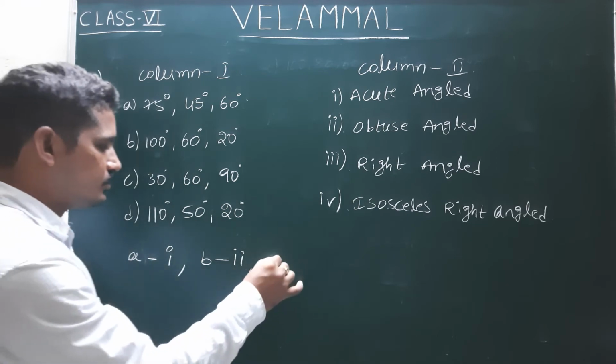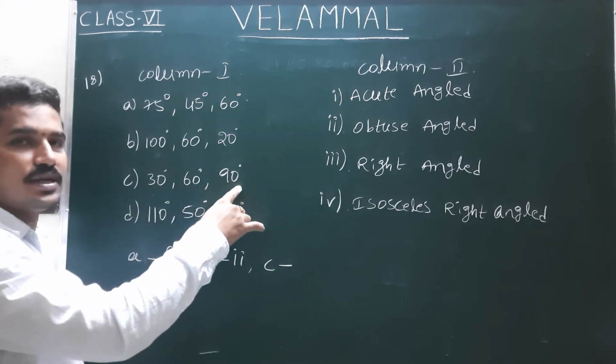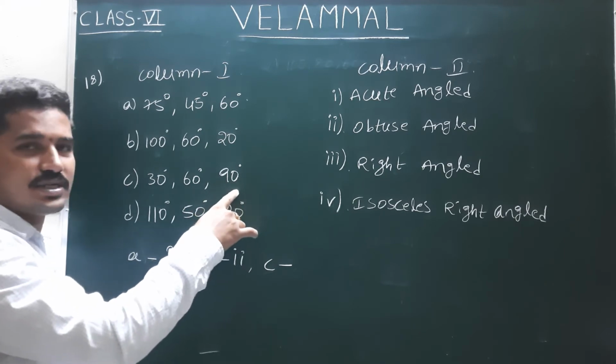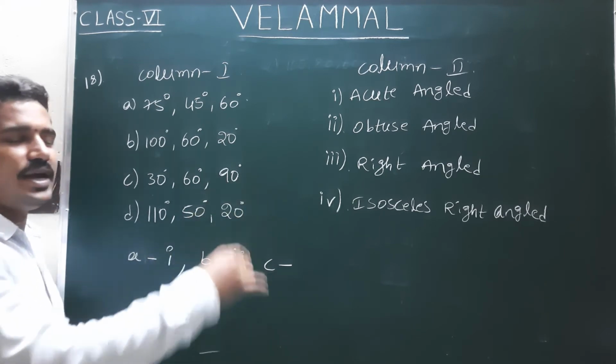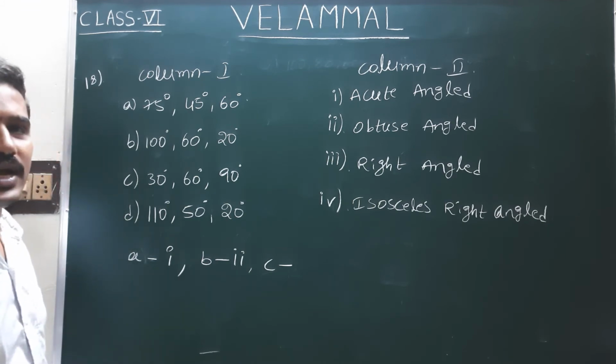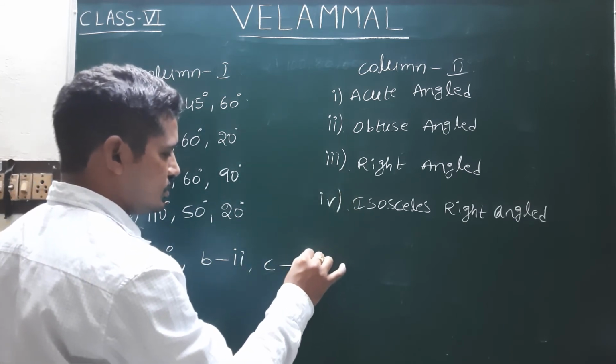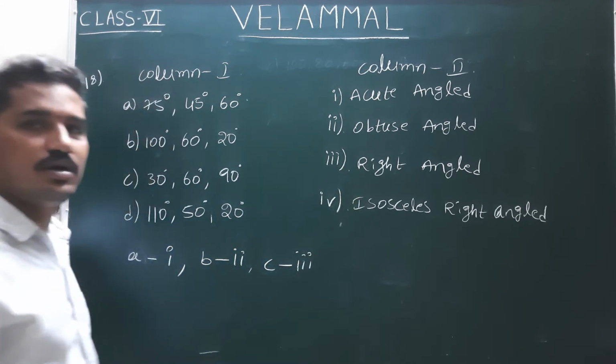Next C, 30 degrees, 60 degrees and 90 degrees. 90 degrees is a right angle. If there is one right angle in a triangle, then the triangle is called a right angled triangle. So C is the third option.